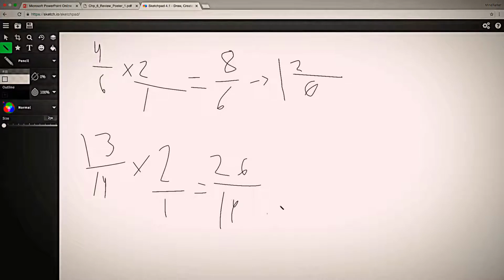And then this will be 26. How many times can it go into this? It can go in once because this times 2 is 28, and that doesn't fit inside the 26. So we put an arrow and then 1. So, and then 14.